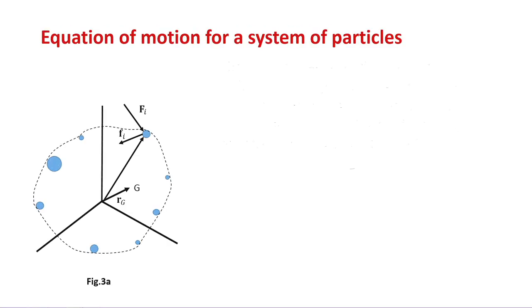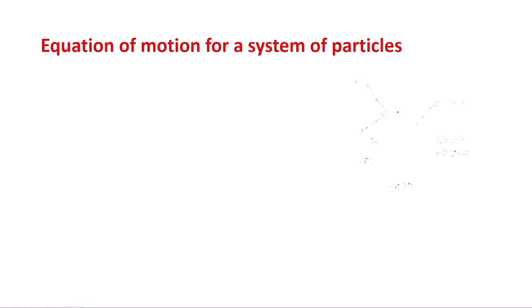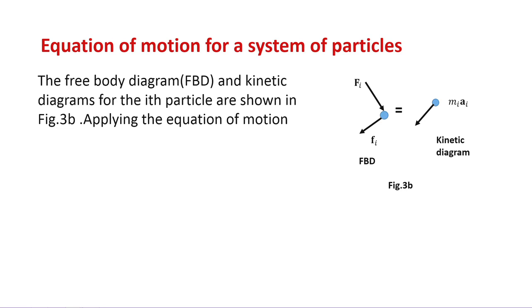Here the resultant external force, capital Fi, is the effect of gravitational, electrical, magnetic or contact forces between the ith particle and the adjacent bodies or particles not included within the system. The free body diagram and the kinetic diagram for the ith particle are shown in figure 3b.